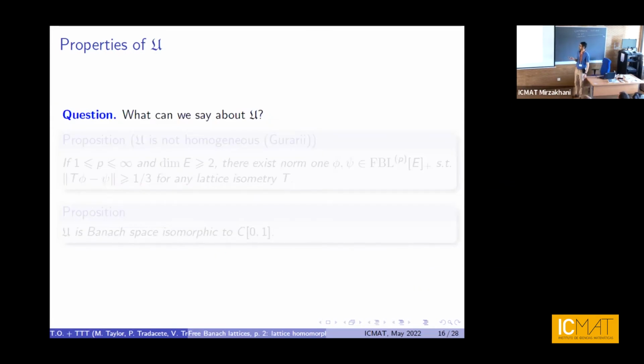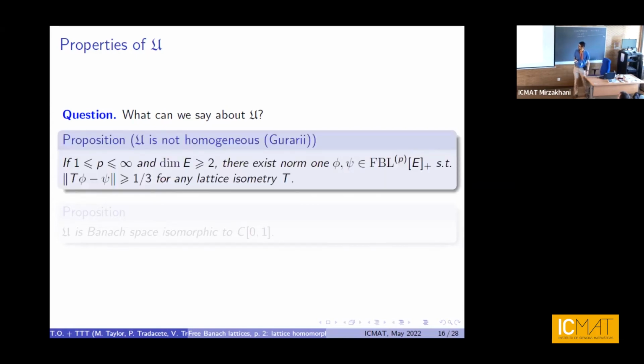So the question that I would like to advertise is, what can we say about this universal object? What are its properties? One thing that I can say is that I cannot answer the question what it is, but I can at least partially answer the question what it is not. It is not a Gurarij, or it is not a homogeneous lattice.